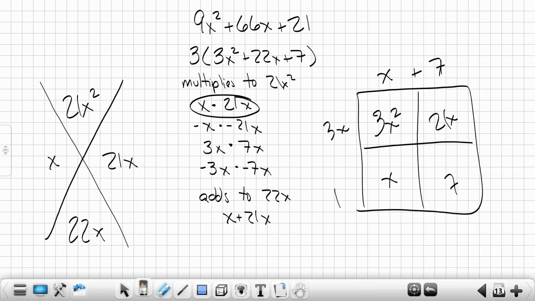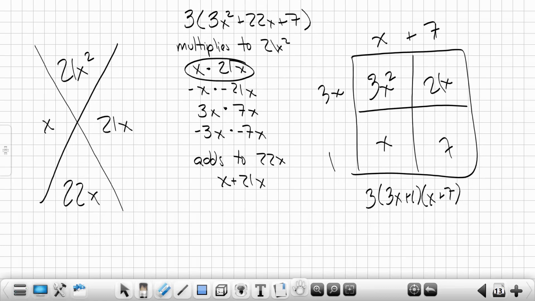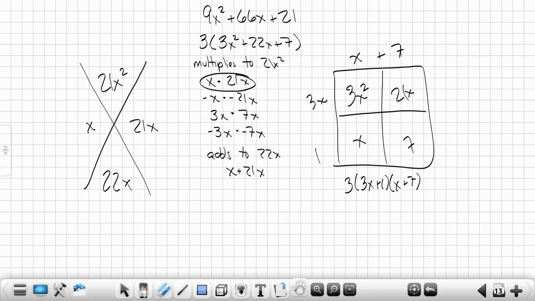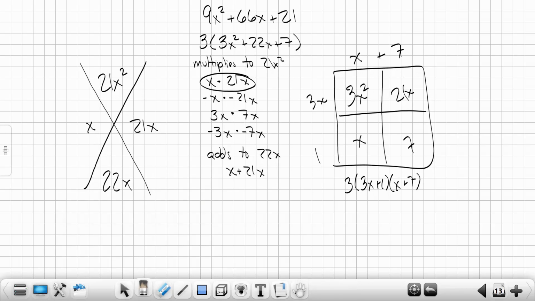Okay, so let me be very clear, the answer is not 3x plus 1 times x plus 7. You got to remember from the intro that 3 is still hanging out front. Don't miss that 3.